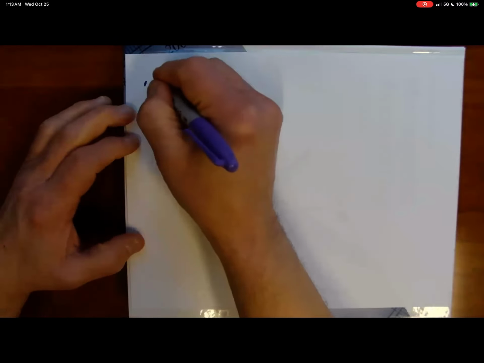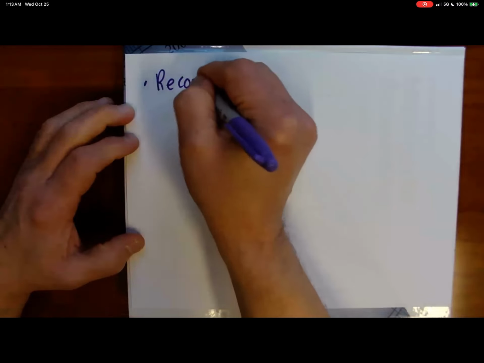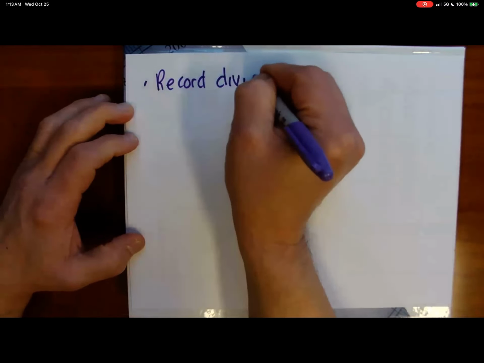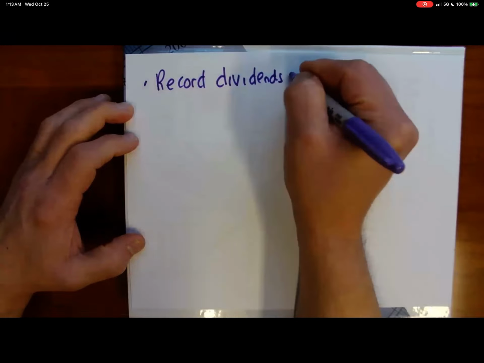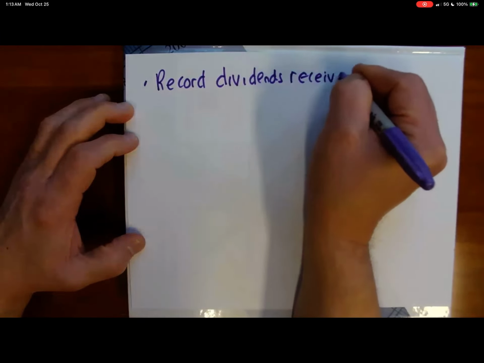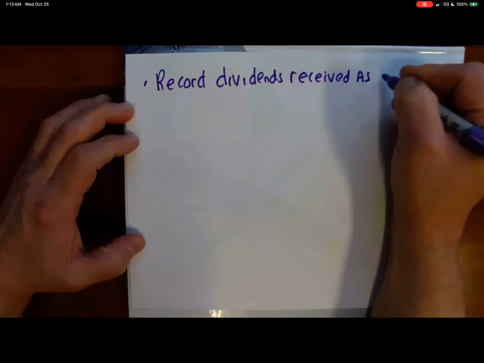When we own 20% or more, we will record any dividends received as a decrease to the investment account.